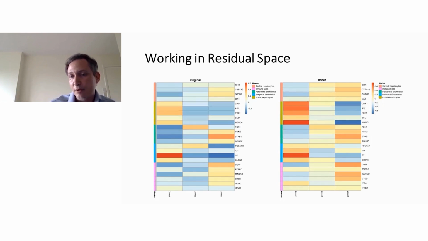Again, zone 1 to 3, very gradual decrease. Periportal, pericentral endothelial cells 1 to 3, and periportal. If you go to the original, you see, for instance, a mixed signal. And that makes us, first of all, very happy that we are able to salvage this very refined biological signal from, for instance, how the slides were prepared. And we use this residual space for all our downstream analysis.